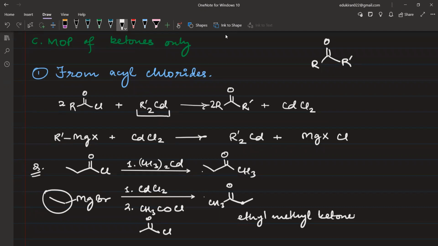The other alkyl group, it is coming from the Grignard reagent or dialkyl cadmium, whatever is present. Now write next.